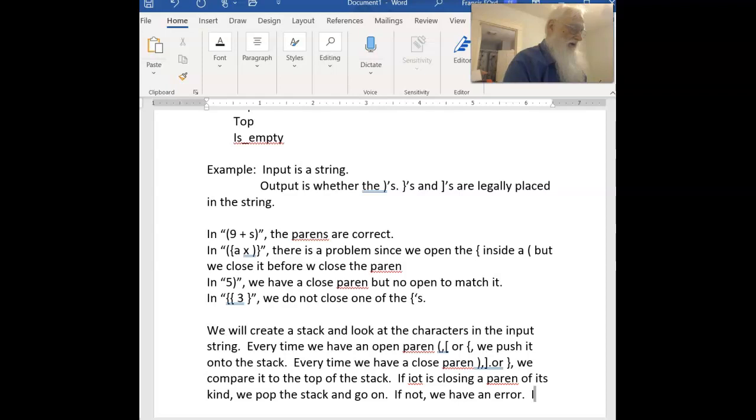Now, if the character is not a paren type, do nothing.